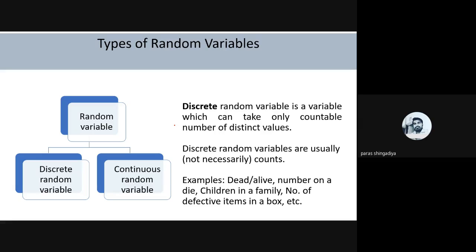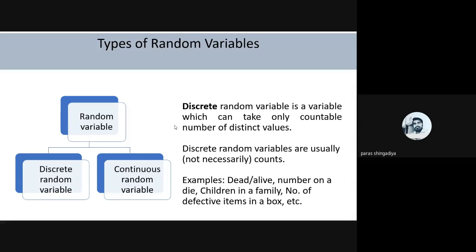Second is children in the family, okay, that is also countable, clear, so it is known as a discrete random variable, clear. Third is the number of defective items in a box, okay, so that is also countable, clear, so it is also a discrete random variable, clear. So discrete random variables are usually a count, okay, we can count it.